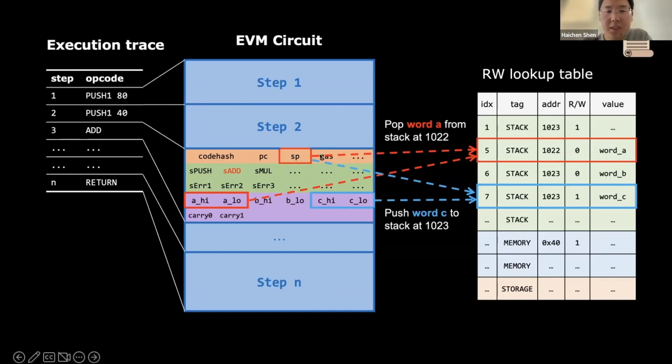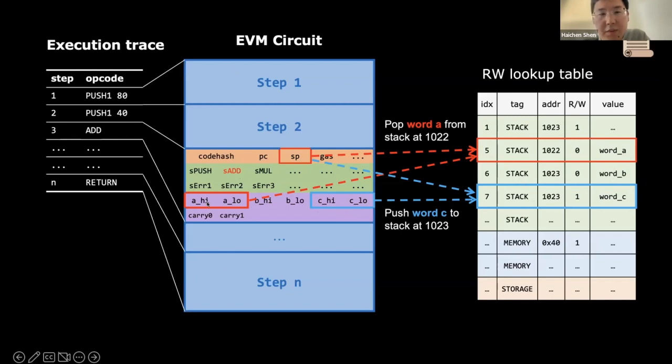So the zkEVM here also puts some part of the constraint into the lookup tables. For example, if you want to pass the check for your proof, the write into the stack here, the word C, has some relationship with the word A and B. That means you need to add these two words and then write back to the word C here.